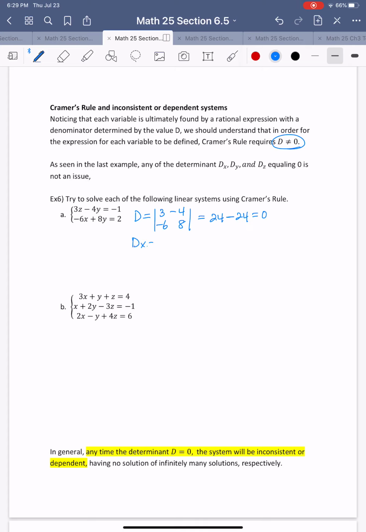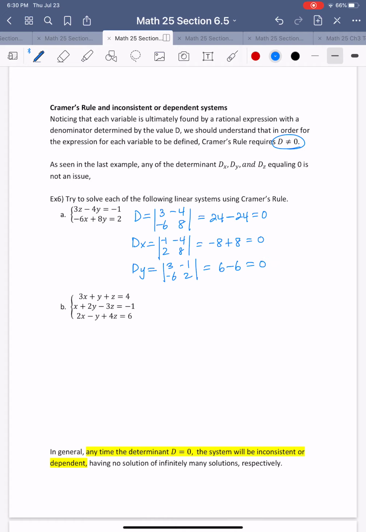And D sub x is, I got -1 and 2 with a -4 and 8. I got -8 plus 8, which is a 0. Oh my goodness. D sub y is, I got 3, -6 with a -1 and 2. I got 6 minus 6 is 0. So, oh my goodness, everything comes out to 0, right?